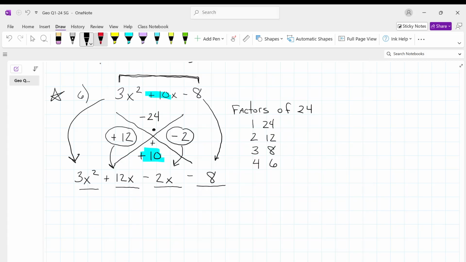All right, we're going to group the 3x squared and the 12x, and we're going to group the 2x and the negative 8.